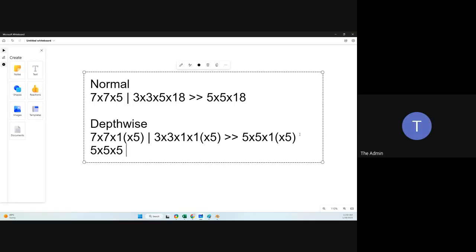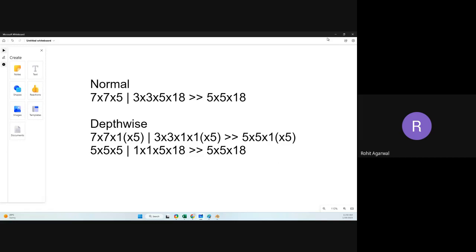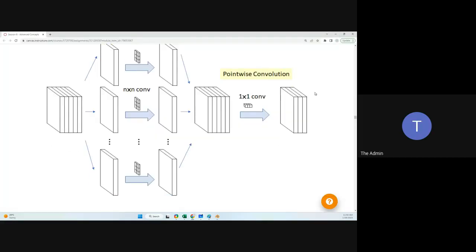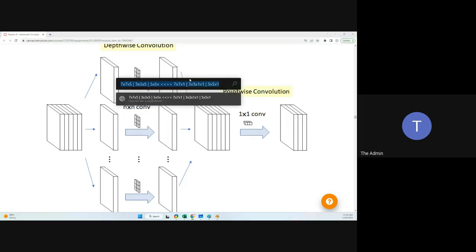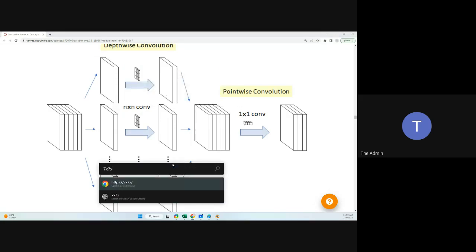Correct. Now we're going to use 1 cross 1 cross 5 cross 18, and we are going to get 5 cross 5 cross 18. So you have reduced the number of parameters. Just look at this image and convince yourself this is what we have done. Normally, we would start with 7 cross 7 cross 5, and use 3 cross 3 cross 5 cross 3 to get the outputs.